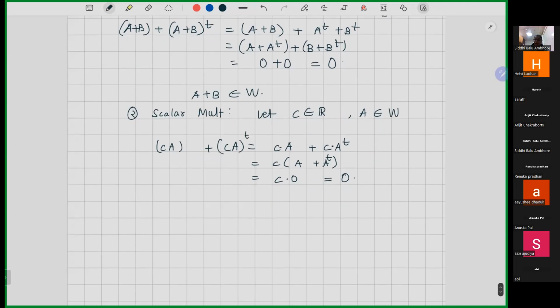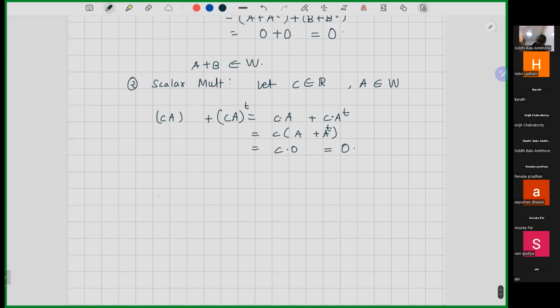Note that here I am being clear that C dot A means, if I write A as C_ij, i, j from 1 to 3, then CA is c a_ij, i, j from 1 to 3.